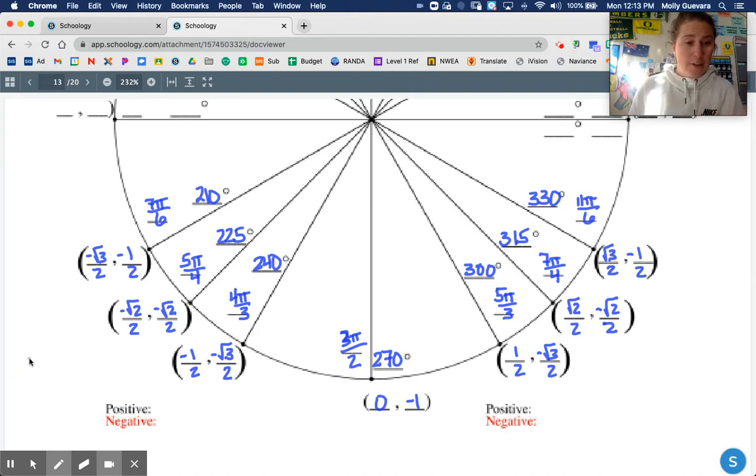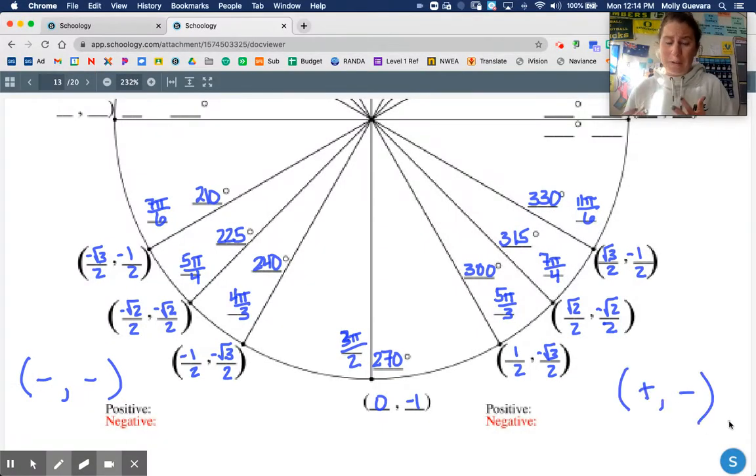So over here in quadrant 3, I have negative x and negative y, because I'm going to the left and down. And then in quadrant 4, my x is positive, but my y is negative because I'm going to the right and down. But again, that's really why I was saying as long as you know the first quadrant, you have those coordinates. Then they're just changing depending on what quadrant they're in.